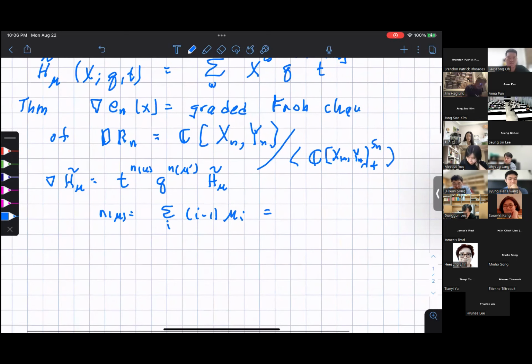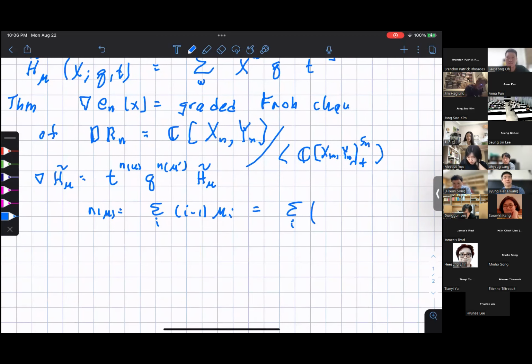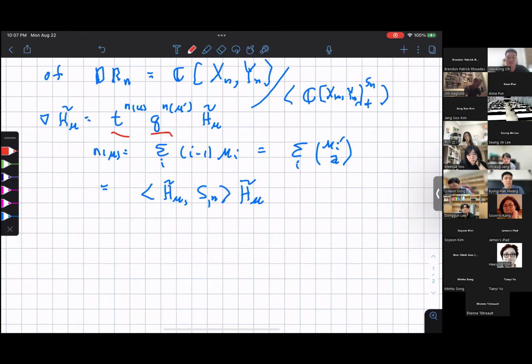And by the way, feel free to interrupt at any time with a question. Happy to answer anything. Mu_i conjugate choose 2 is another way to write it. Okay. And I might mention that this is also the scalar product of h mu twiddle with the Schur function s_1^n times h mu twiddle. Okay. That t, q power happens to be this.